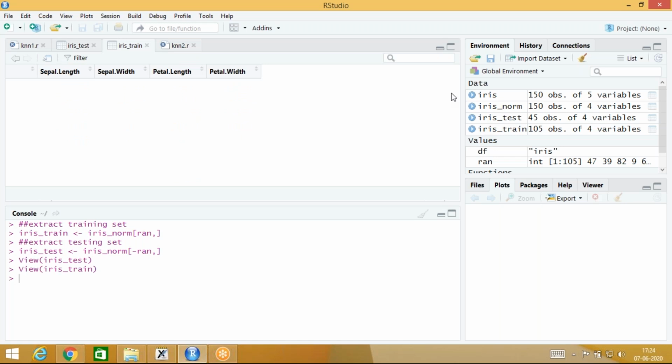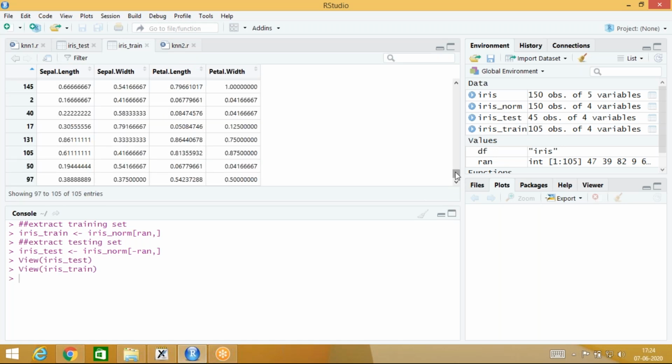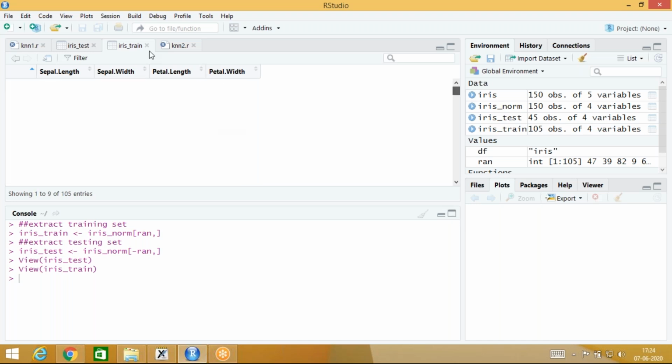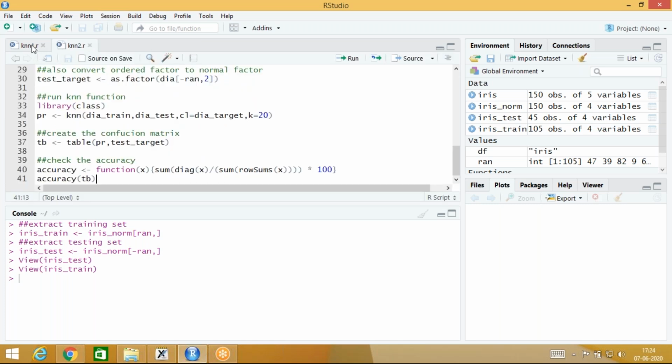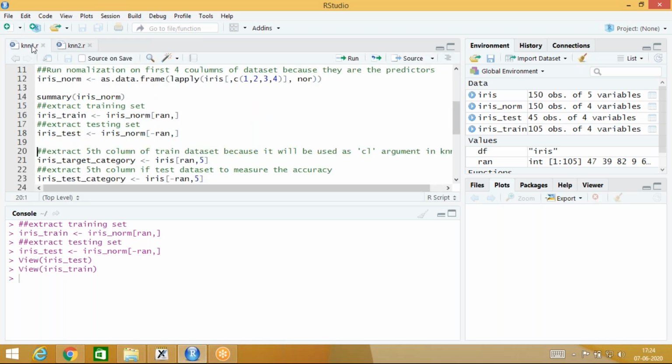Iris train has 105 observations, and iris test has 45 observations. Okay. So what did I do till now? I read the data, I normalized it, I did a sampling and created a training and testing data. Remember, the y variable is not there in the training and testing data.